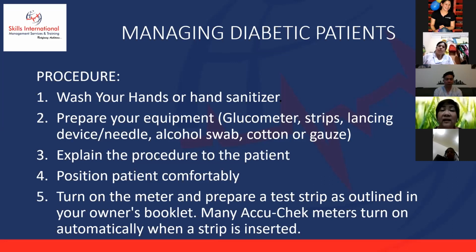Explain to the patient, Baba, I came because it is time for you now to check the blood sugar. I'm going to check your blood sugar by pricking you a little to take the blood and check it with this machine. This is how you're going to tell your patient.